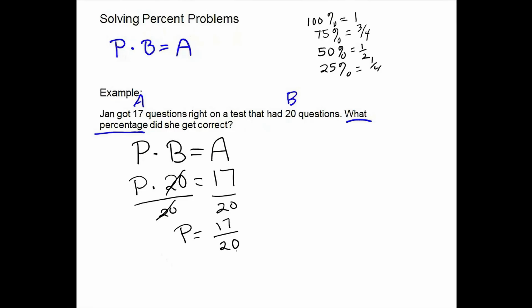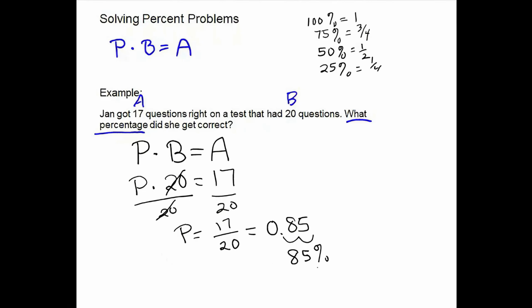So we have to switch back to the percent symbol. So 17 divided by 20, if you have a calculator, punch it top to bottom, will give you 0.85. And then remember to take your decimal over 2 places to the right and add your percent symbol.